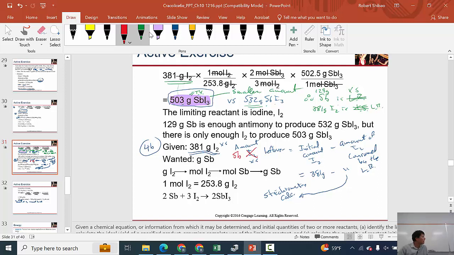And so I have to figure out how much antimony is left over because I'm still thinking B. And so we'll have to take the initial amount of antimony minus the amount of antimony consumed by the LR. The initial amount of antimony was how much? 129 grams. Okay, now we'll have to do the stoichiometry calculation here.